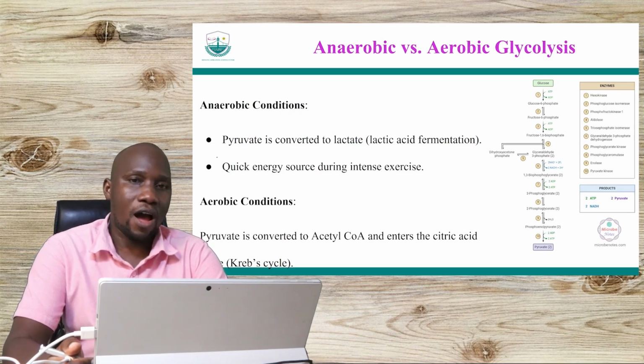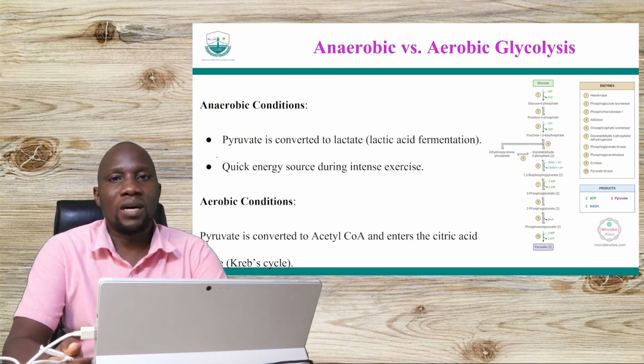So when you have no oxygen, that is in anaerobic conditions, you will have the pyruvate being converted to lactic acid, what we call lactic acid fermentation. And this is what happens if you do extensive exercise in a very short period.